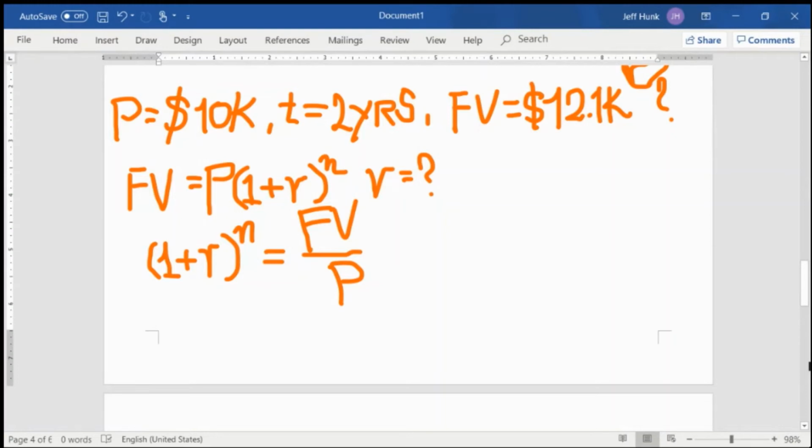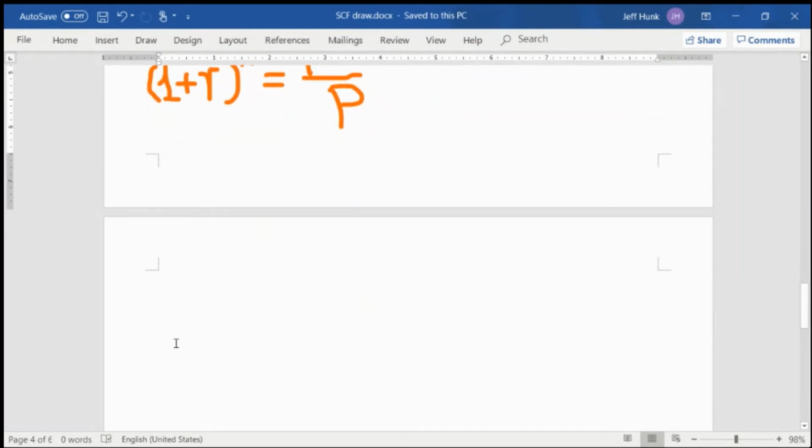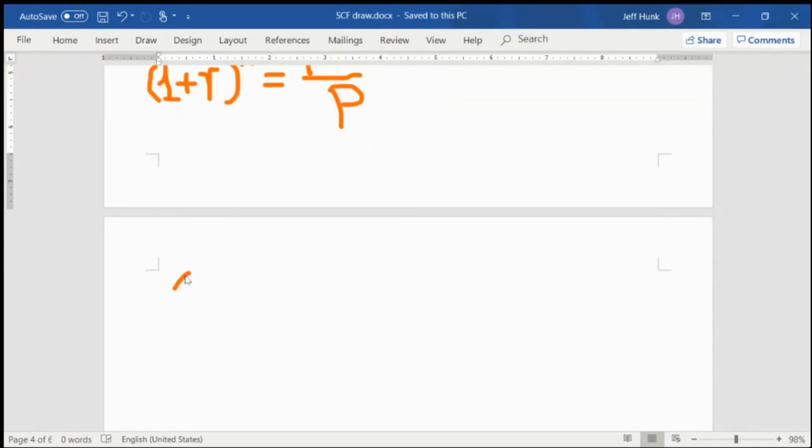Well, how do we do that? Okay, so to solve this problem, we need some understanding of basic algebra. Now, let's first think about the very basic example of exponent, right?